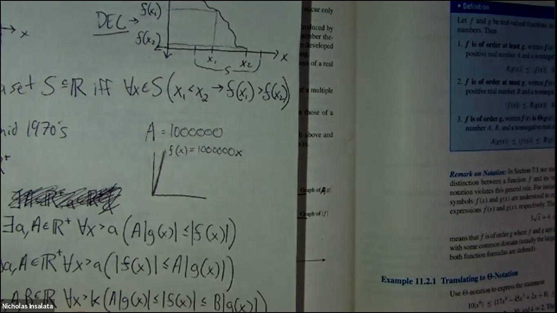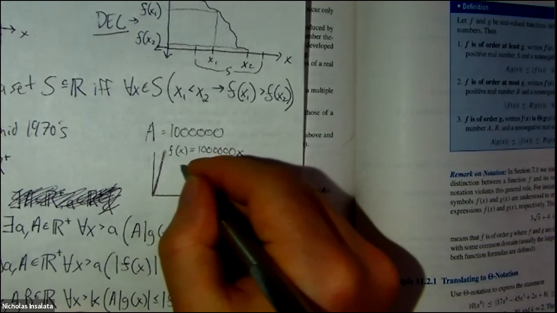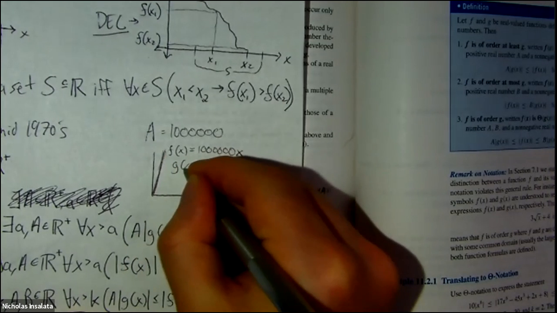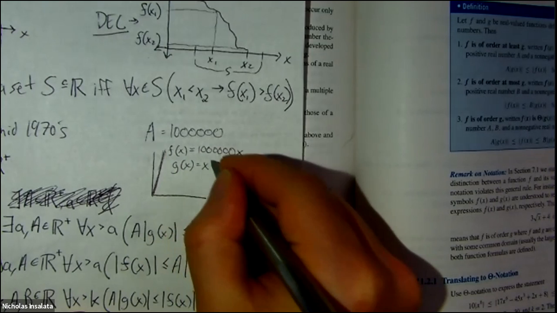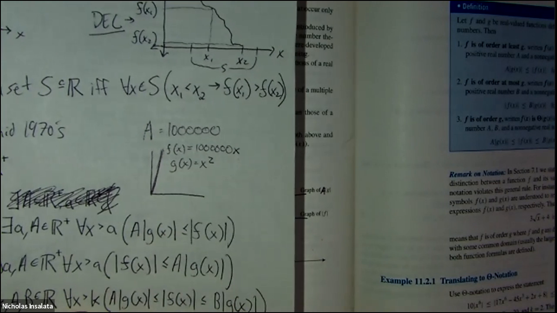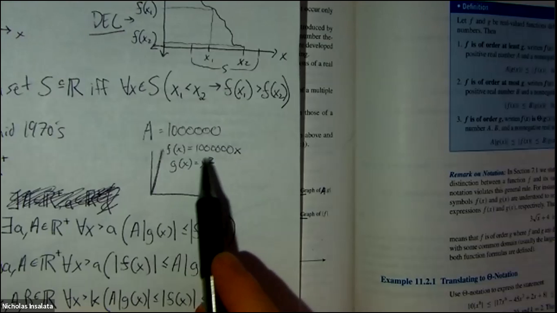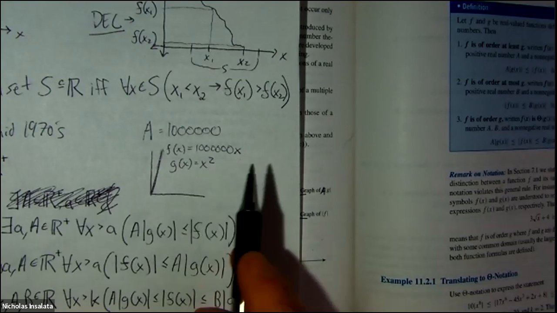But what if we have g of x equal to x squared? Now, if g of x is x squared, well, obviously this is a bigger function than this one in the sense that the exponent is bigger, right?